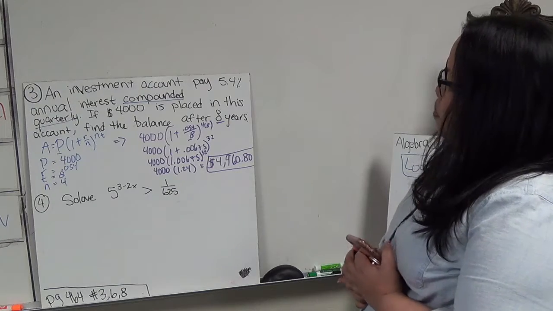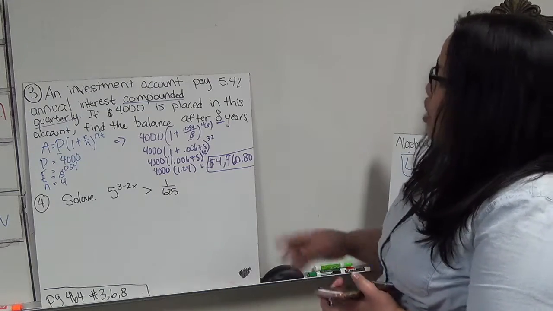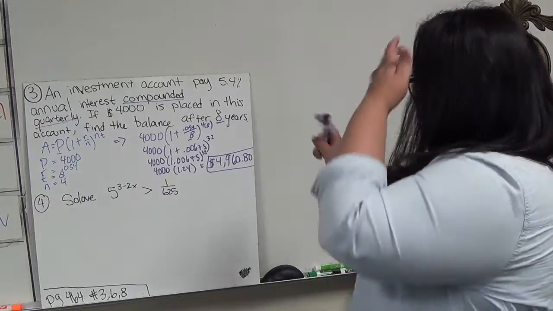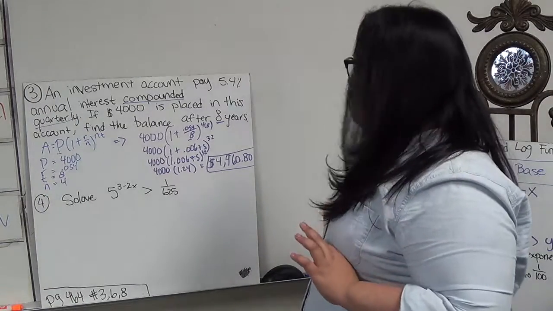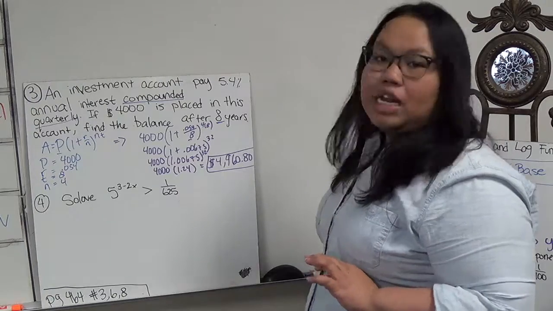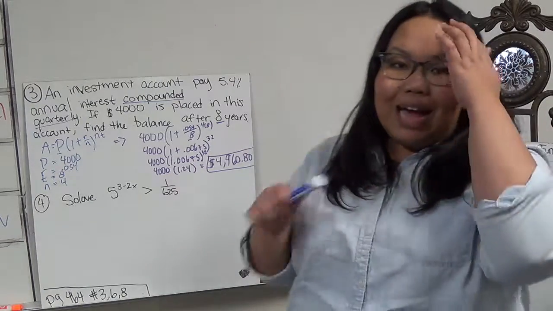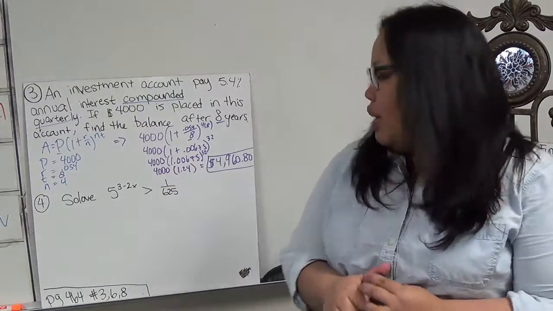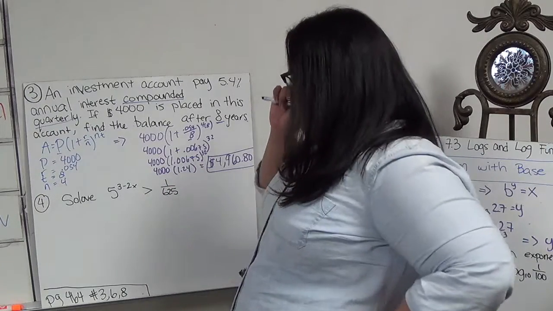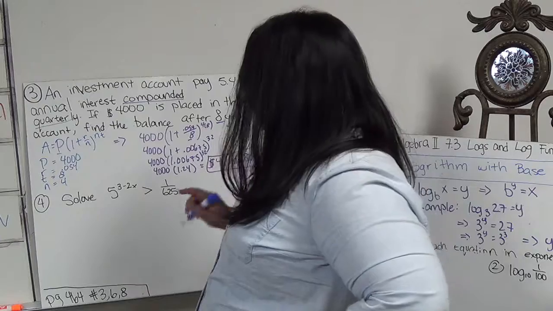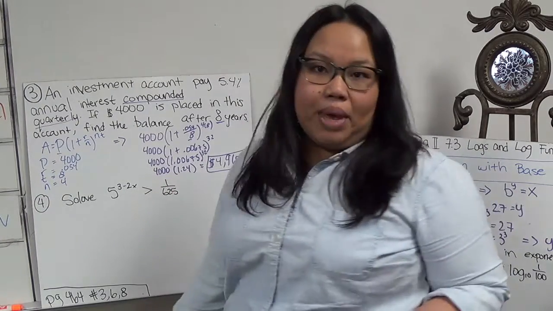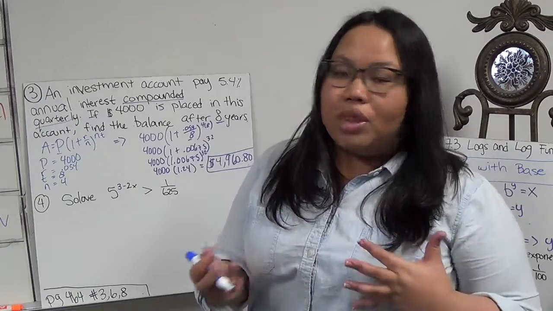So that is compound interest. So next, number 4, we're going to solve an inequality. So we're going to the last section of the first board that you got. And from here, just like with the equal sign, I'm trying to get the same base, because I really can't move anywhere without getting the same base.